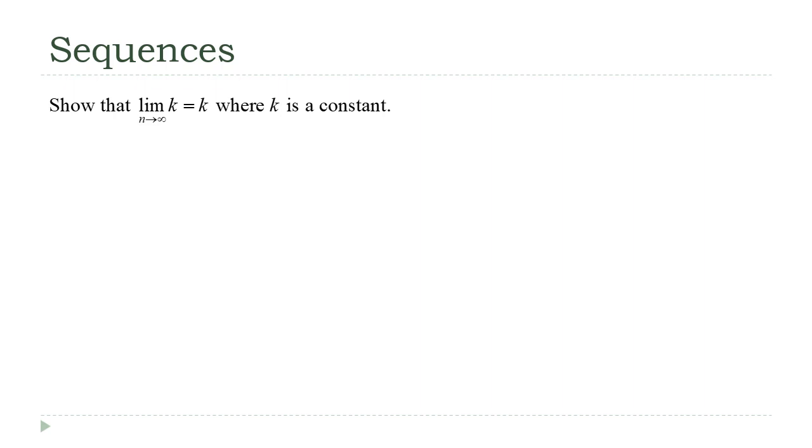Okay, so a sub n is k for every n. It's a constant sequence. Well, this means that the absolute value of a sub n minus k is just the absolute value of k minus k, which is 0.